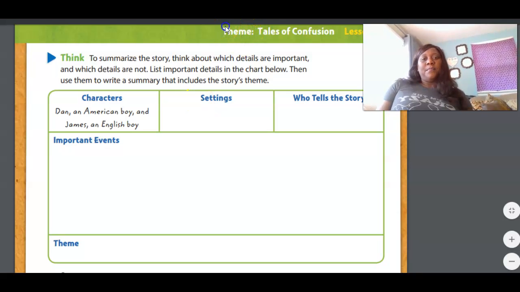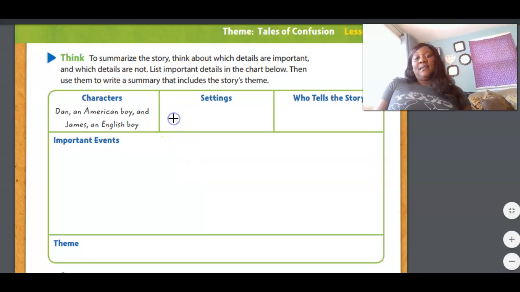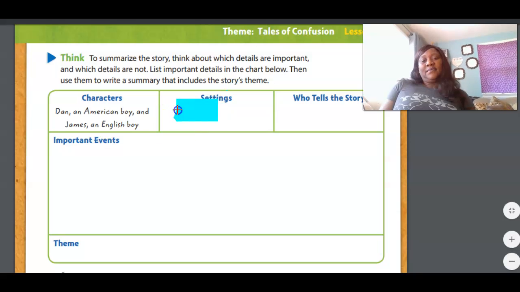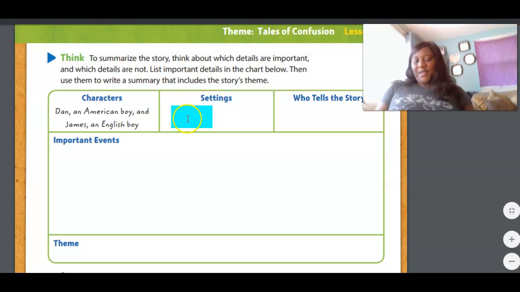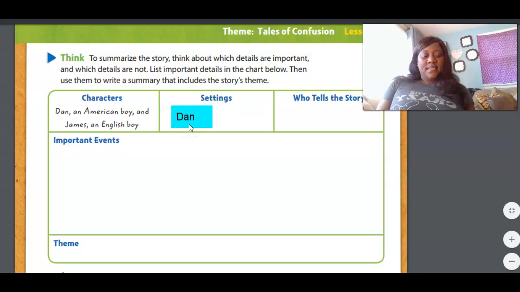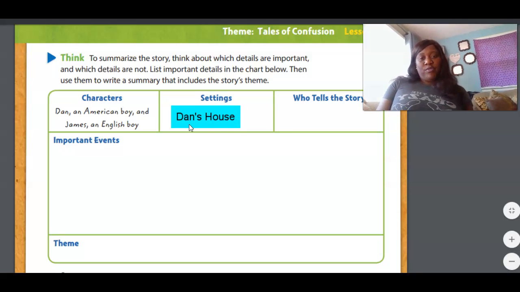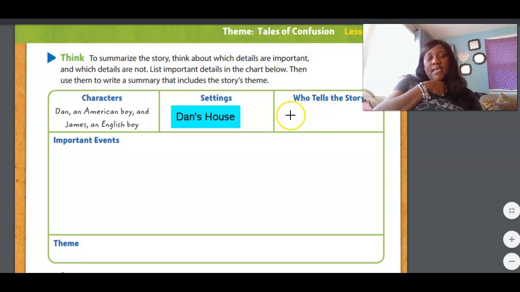We're going to put our little think bubble up. Alrighty. Dan's house. I'm not going to put it here, but that's just where the setting is.